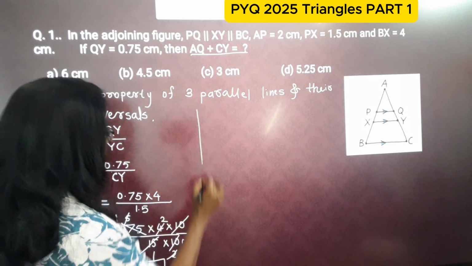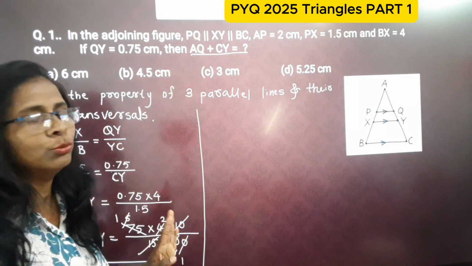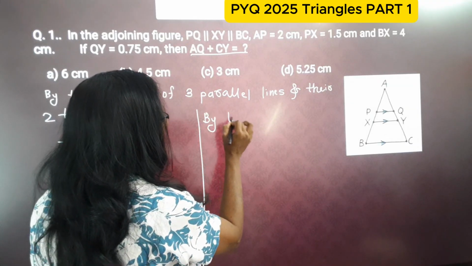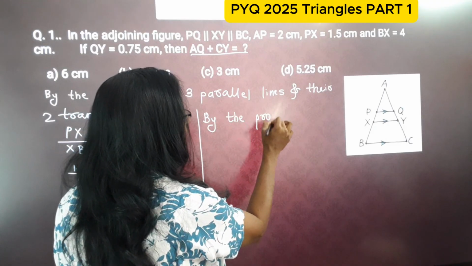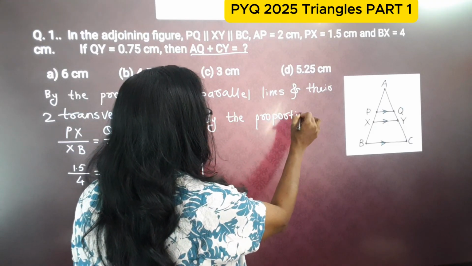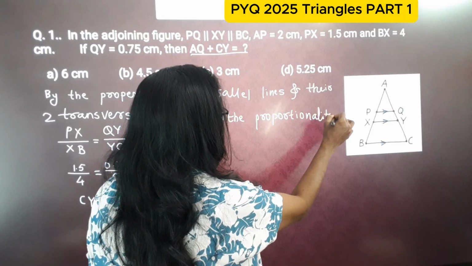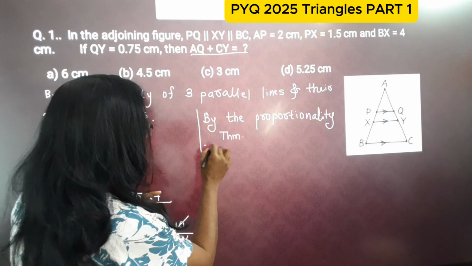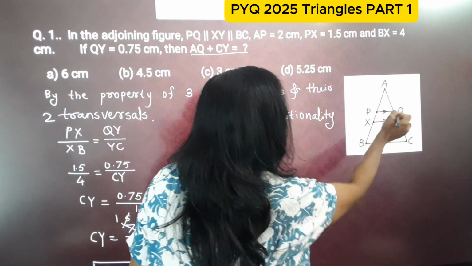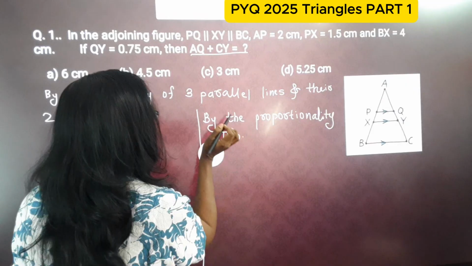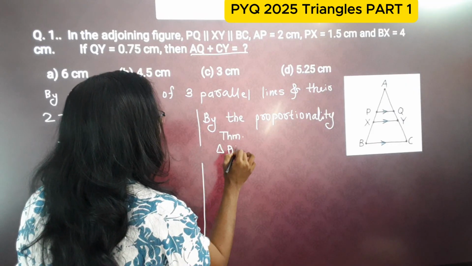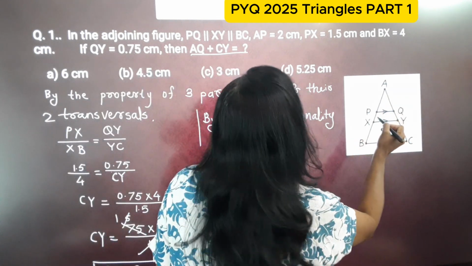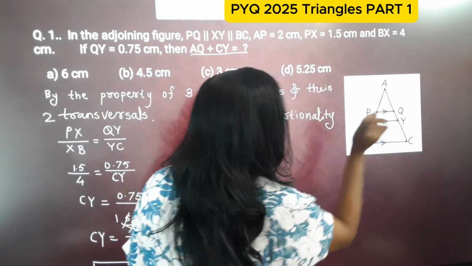Okay, then we have to find out the AQ. So here by the proportionality theorem, we see the triangles: triangle APQ similar to triangle AXY.